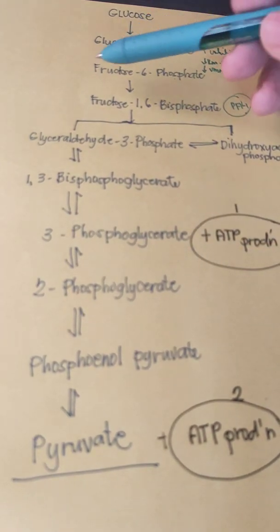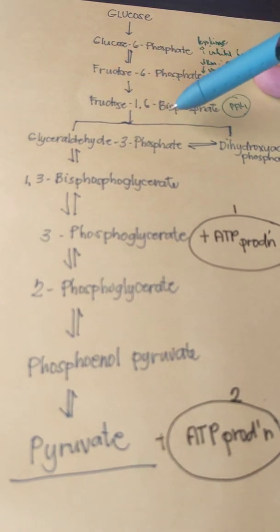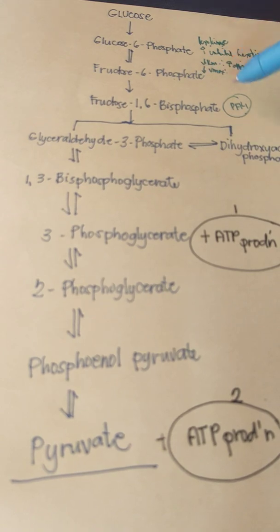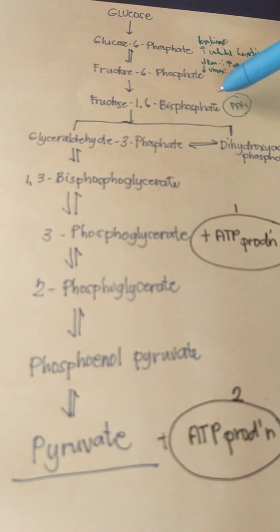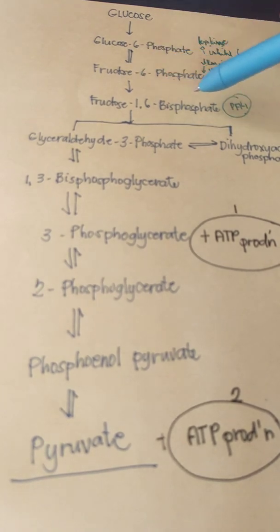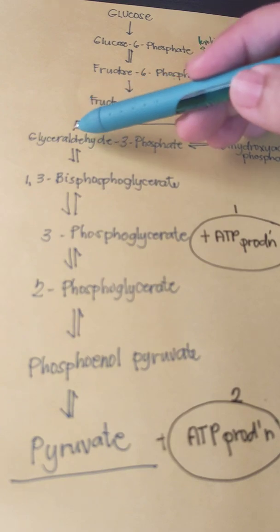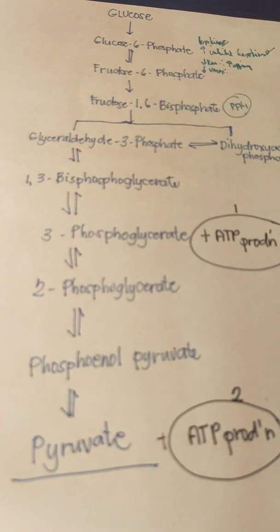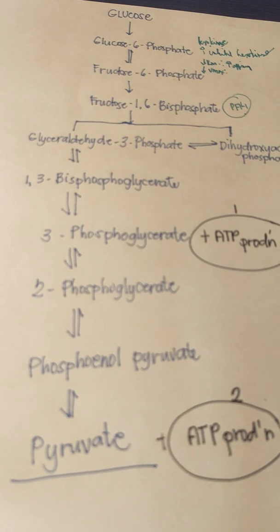Now, let's proceed with this diagram. You have your fructose 1,6-bisphosphate, which will be cleaved by aldolase. Aldolase cleaves the fructose 1,6-bisphosphate and produces glyceraldehyde 3-phosphate and dihydroxyacetone phosphate.